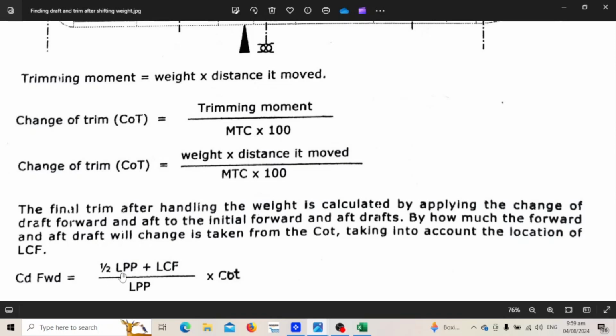That's why it's called 1/2. Say if your LPP is 100, for example, then your 1/2 LPP is 50. Okay. And change of trim, you derive from this formula. So you have the weight, the distance it moved, over MTC times 100. MTC is also taken from your mean draft or your present draft. Okay.